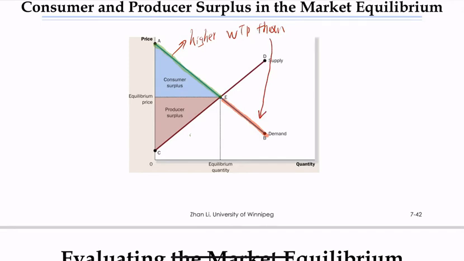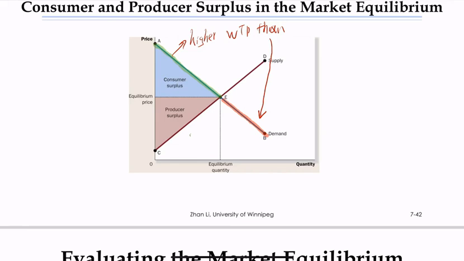What does this mean? Well, it says market equilibrium allocates products to consumers with higher willingness to pay, because in the end, consumers on this green section get the products, and consumers on this pink red section couldn't get their products. So this is an efficient allocation.